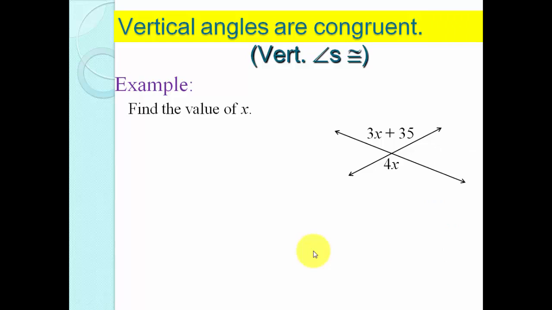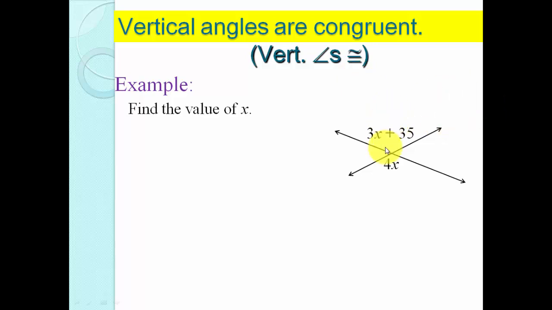Now let's start learning about special characteristics of our angle pairs. Vertical angles are always going to be congruent. So this right here is just a shorthand. Vertical angles are congruent. Remember, this is the congruent symbol. Our first example, find the value of x.